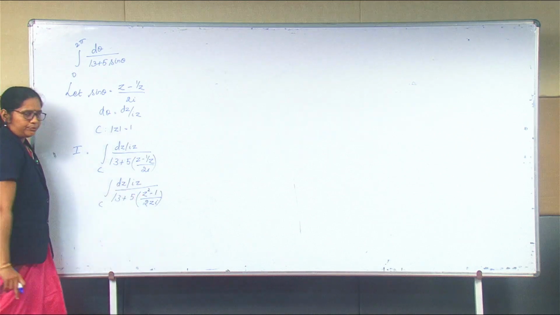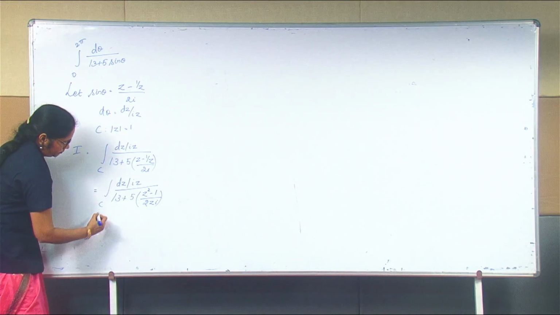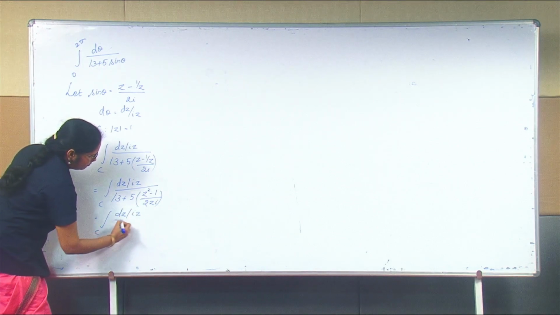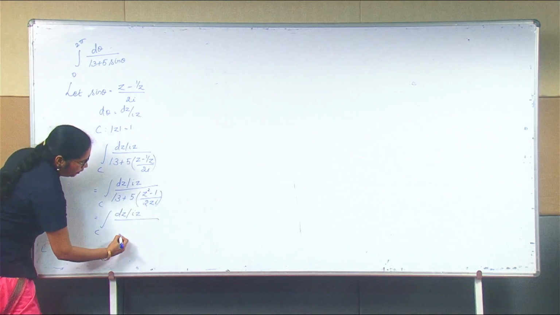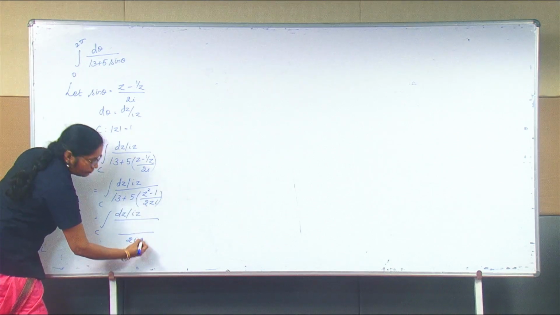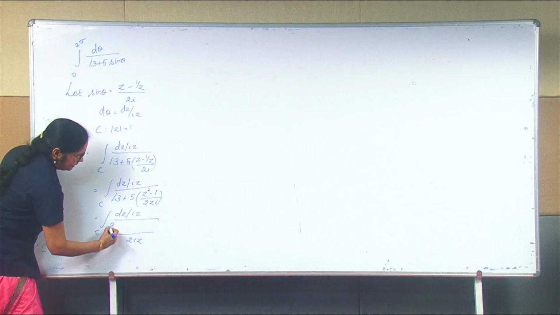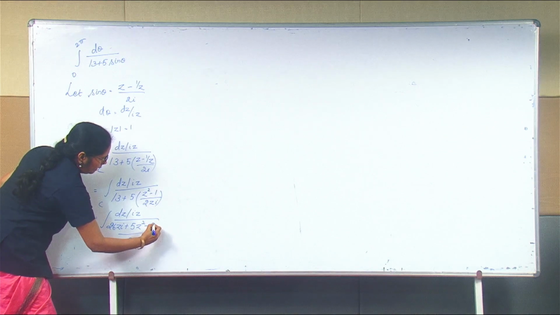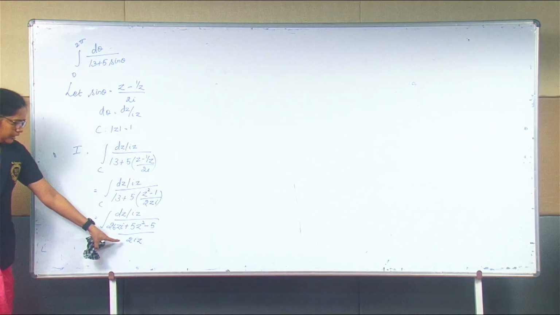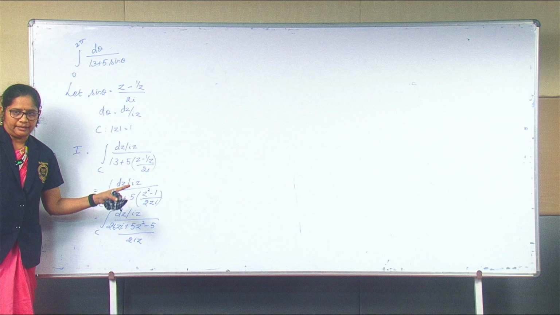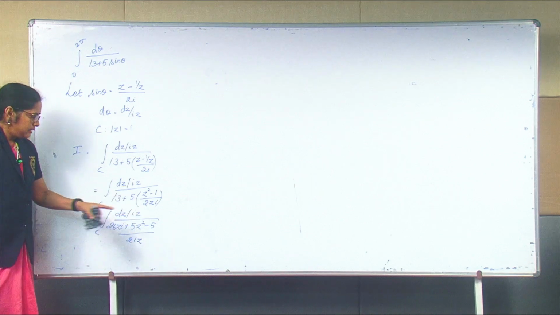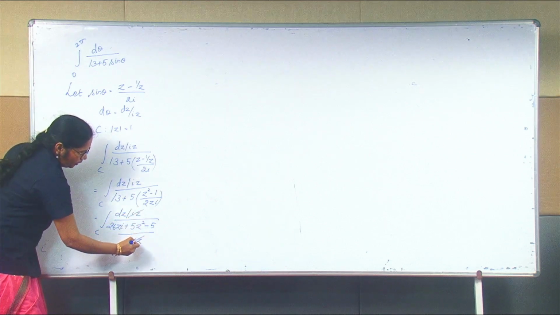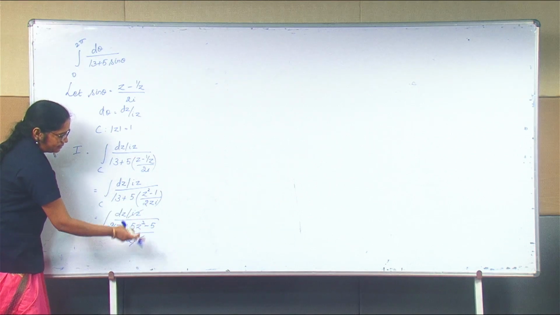Now we have to take the common LCM. So the integral over C of dz by iz divided by, with 2iz as the common LCM, 26zi plus 5z square minus 5. The 2iz goes to the numerator, as the reciprocal of the denominator; otherwise you can cancel this 2iz.